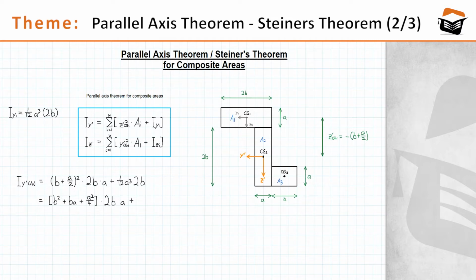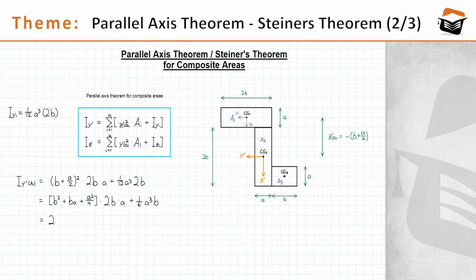Plus, because 1/12 is multiplied by 2, we only have 1/6. So 1/6 a to the third power times b. And now be with me and follow the algebra. Let me summarize some common terms.